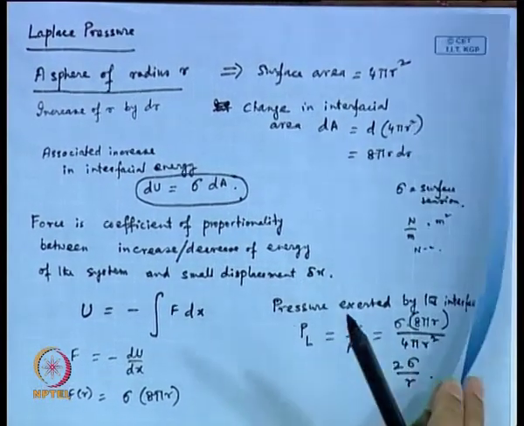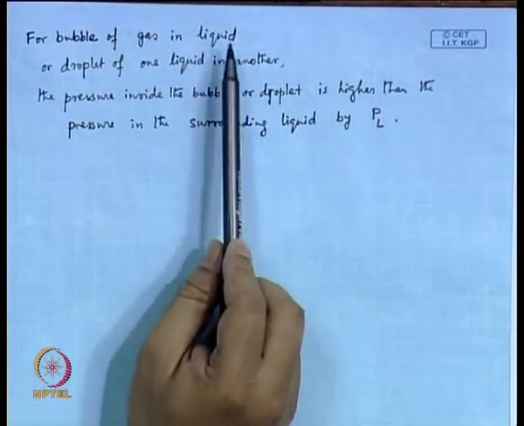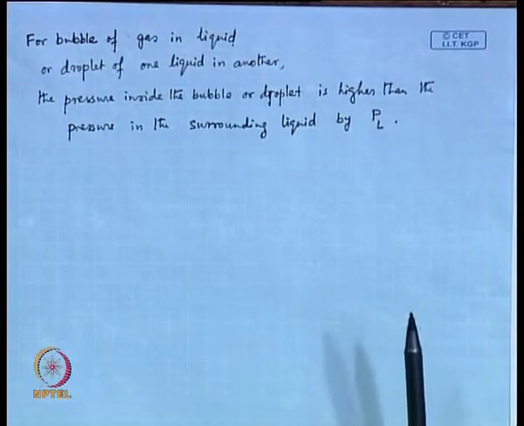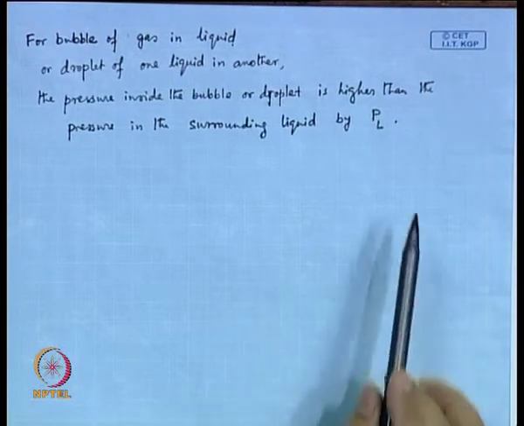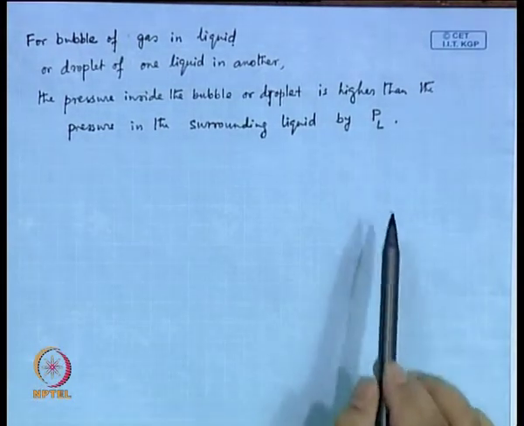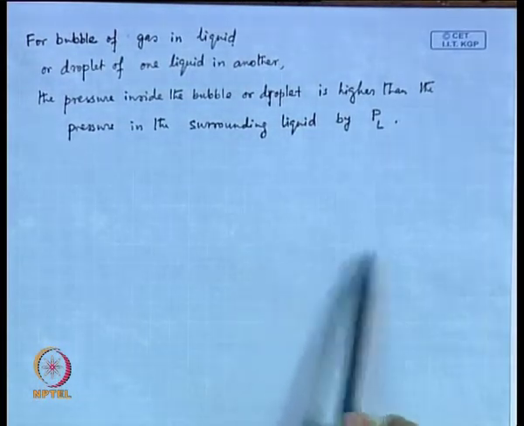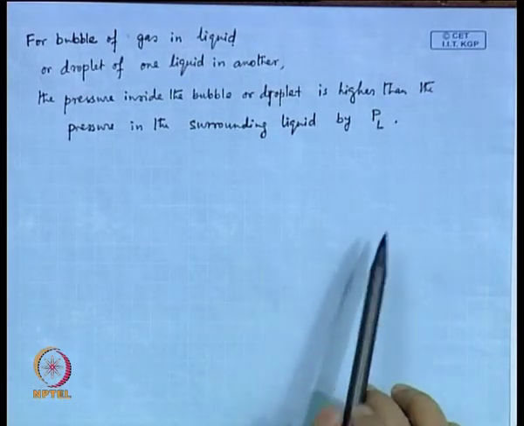So, what we write here is, for a bubble of gas in liquid or a droplet of one liquid in another, the pressure inside the bubble or droplet is higher than the pressure in the surrounding liquid by this quantity, which is PL. Okay.